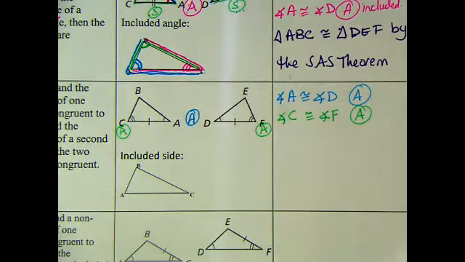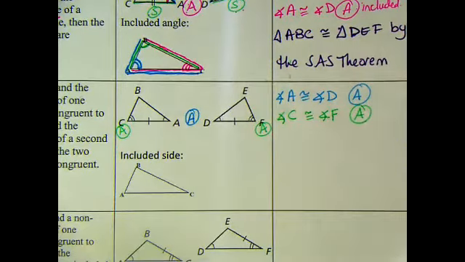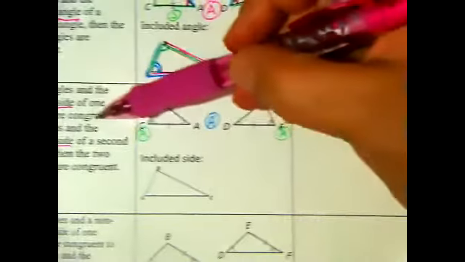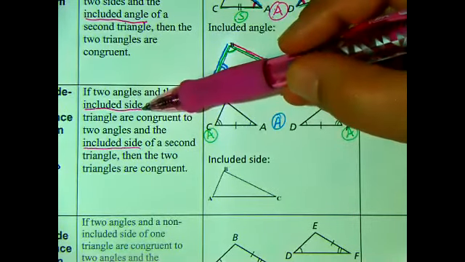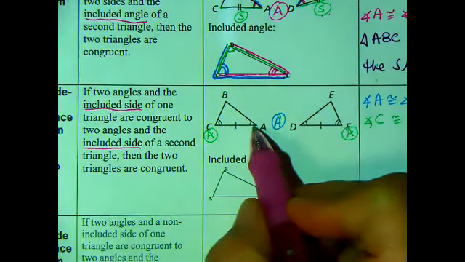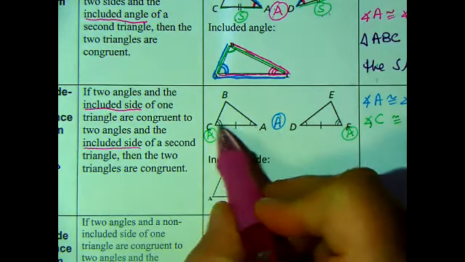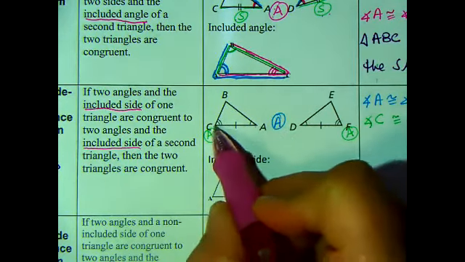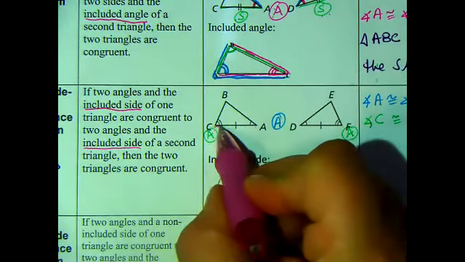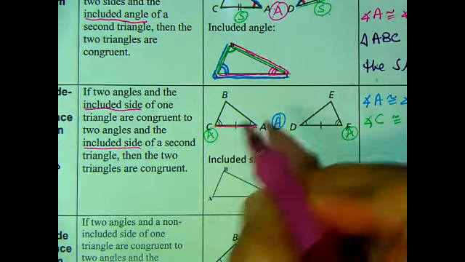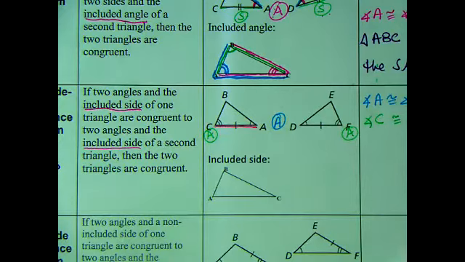And then we have our included side. I have my two angles, and I need my one side, but that side needs to be the included side. That means I take a look at my two angles, angle A and angle C. The included side is the side right between those two angles, side AC.